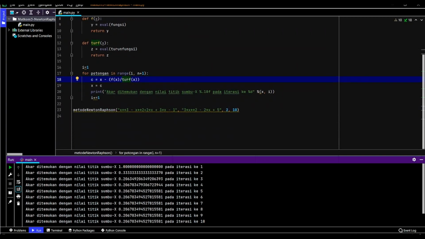In the 16th line, I define i equal to 1, and then next is a loop to iterate the Newton method. Before that, I will explain the Newton method in the 18th line, where c is equal to x minus fx divided by tur fx.